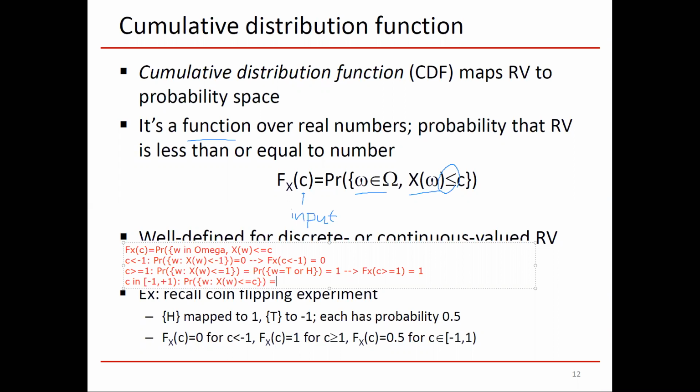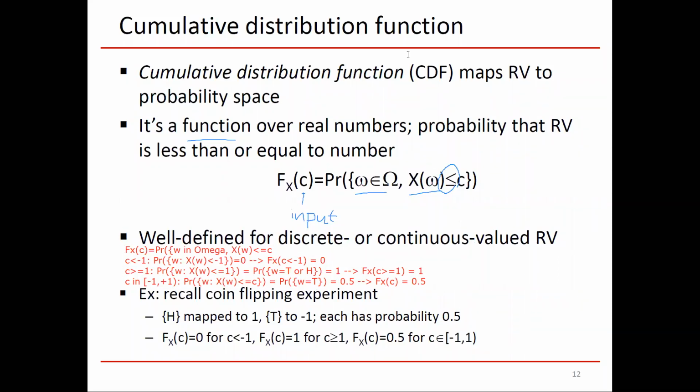So if omega is equal to t, then X, when we have tails, is -1. And in that case, -1 is less than or equal to c. That's correct. On the other hand, when we have heads, we have +1, and +1 is strictly greater than c, because recall, c is in that interval which does not include the number +1. So here we have the probability of w being only equal to t, and that happens with probability half. So F_X(c) in this case is 0.5.